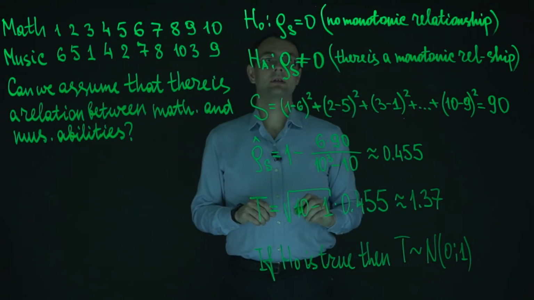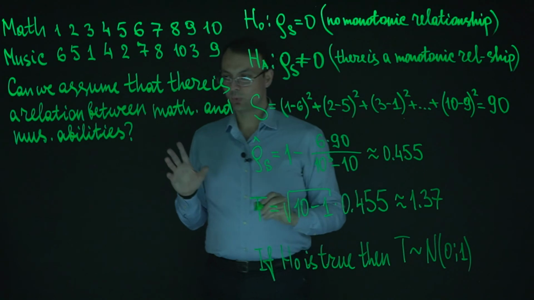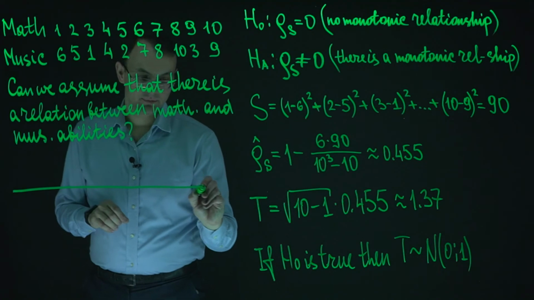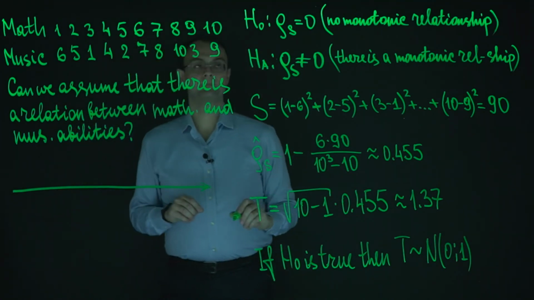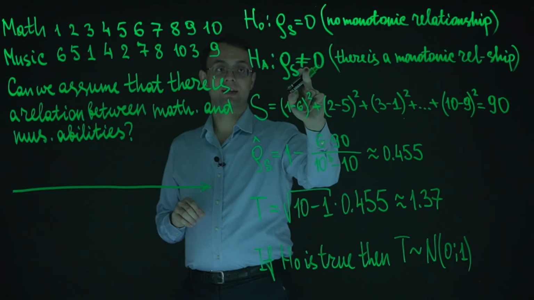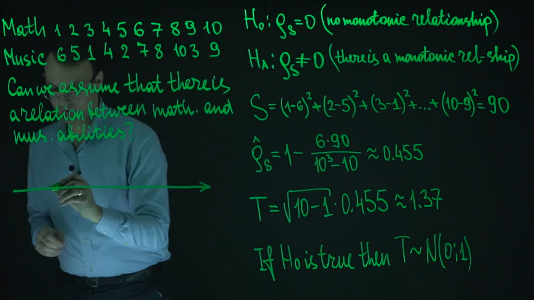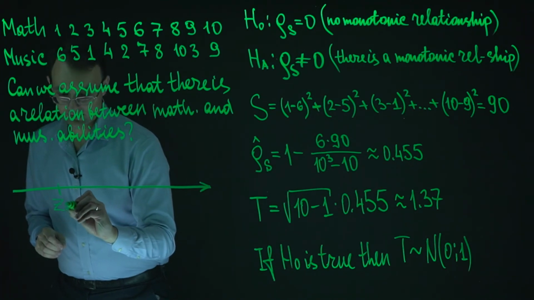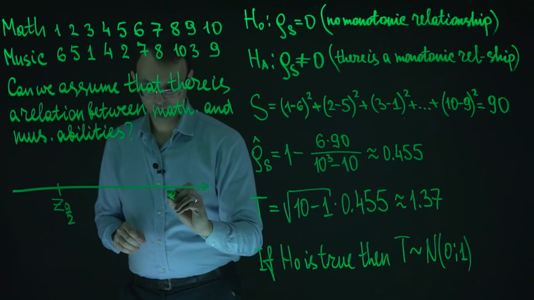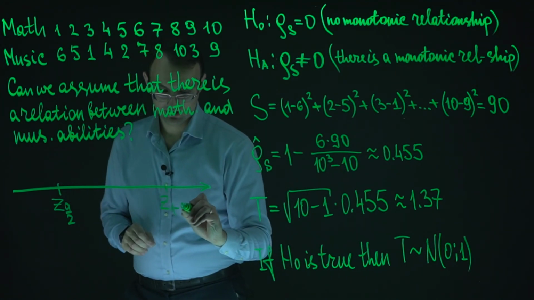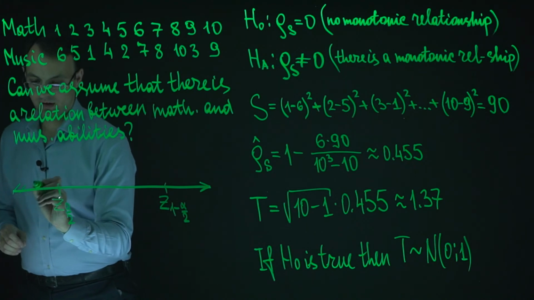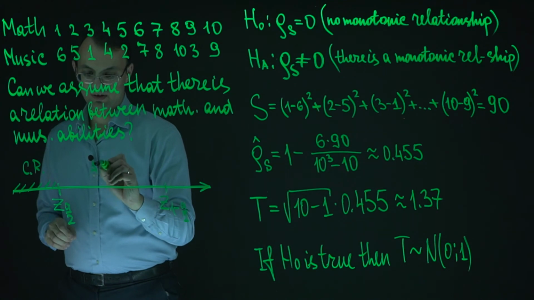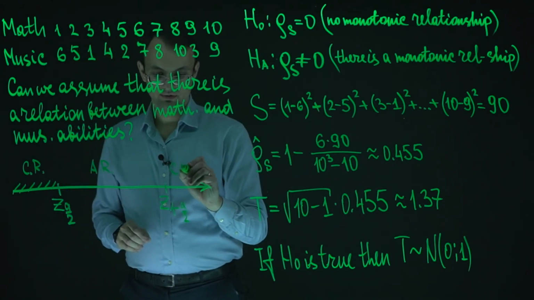And so we can use the quantiles of the standard normal distribution for the critical regions. As we have a not equal sign here, we have a two-tailed critical region. So here we have Z alpha over 2, and here we have Z 1 minus alpha over 2, and this is the critical region, this is the acceptance region, this is the critical region.